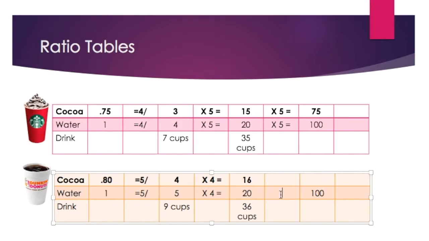In my Dunkin' Donuts recipe, 20 again times 5 would be 100. So 16 times 5 would be 80 parts cocoa. So in my Starbucks recipe, the cocoa makes up 75% out of 100 of my drink, and in my Dunkin' Donuts, it makes up 80% of my drink.